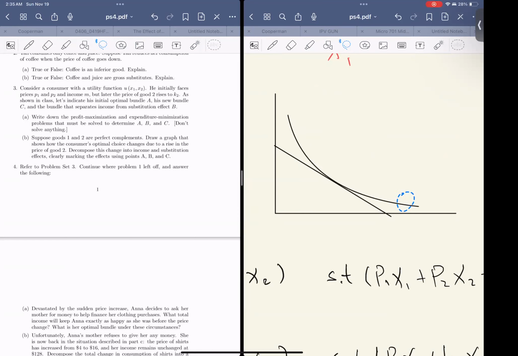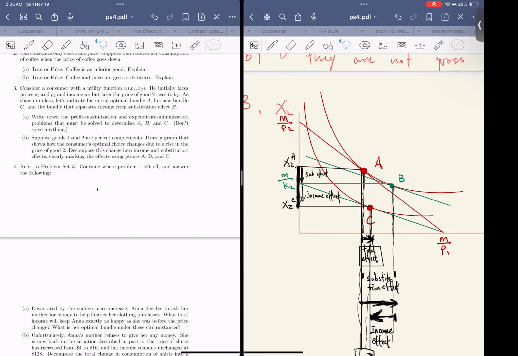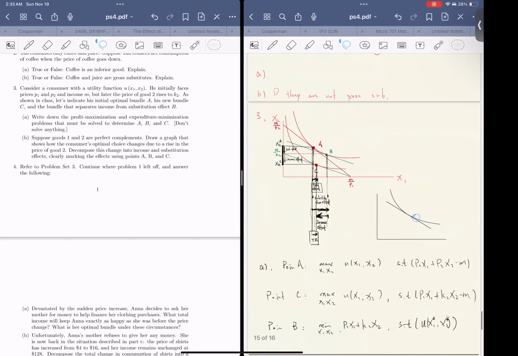Now the minimizing problem is you're trying to touch a utility at a fixed level, because we know point B has the same utility as point A. So they must lie on the same utility curve, right? So that's the substitution effect, and that's how you find point B.